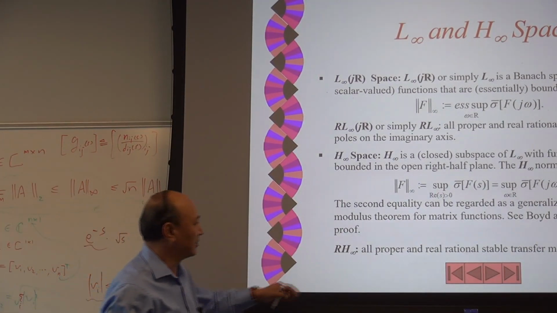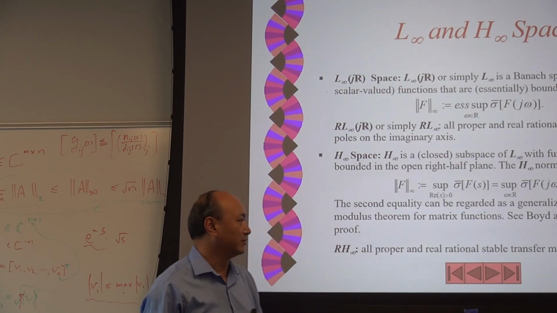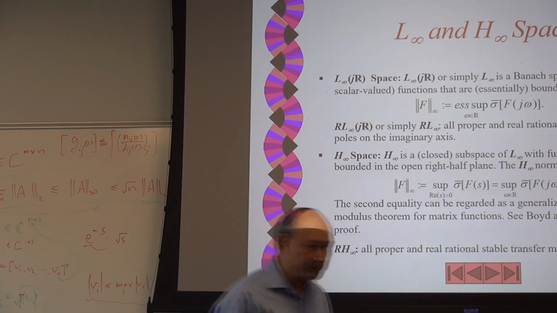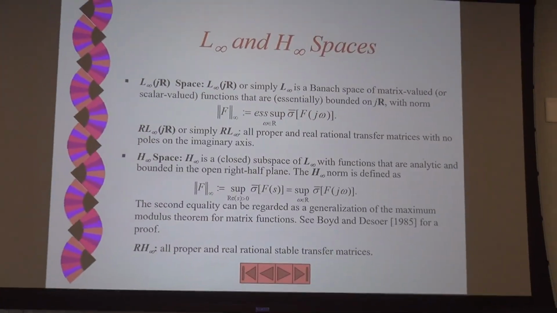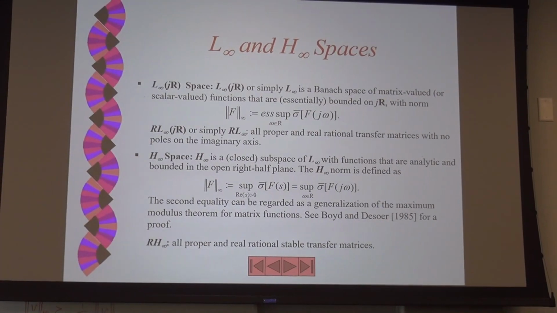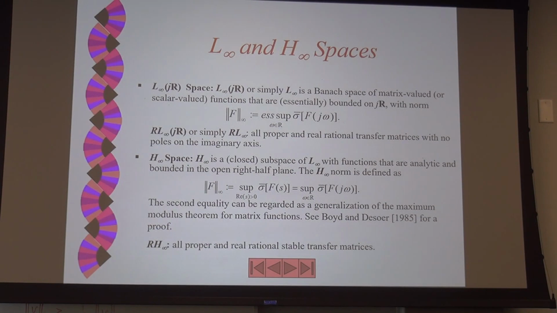So in fact, sometimes you will see, oh, strictly proper and real, rational, stable matrices, okay? So that's each component. But how we can say stable, we need to do a Macmillan form, okay? Macmillan form to decide what's this.